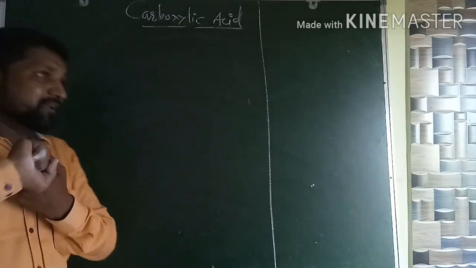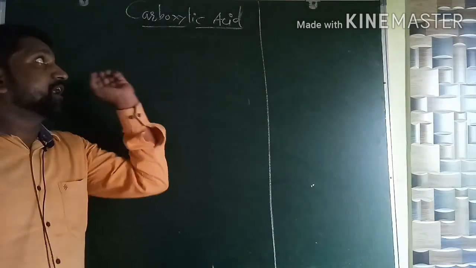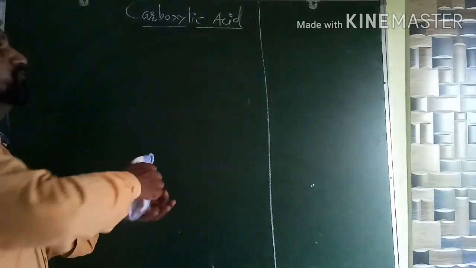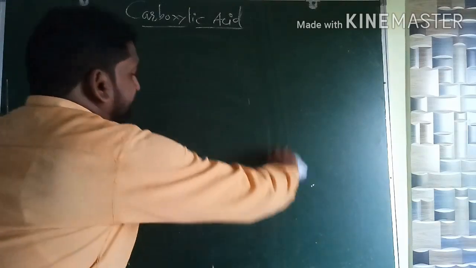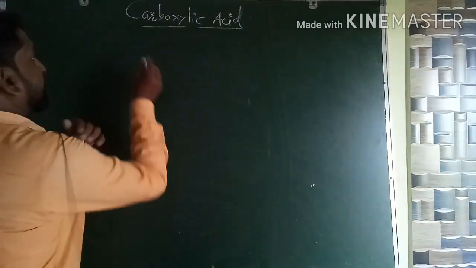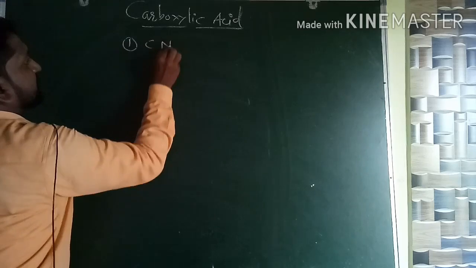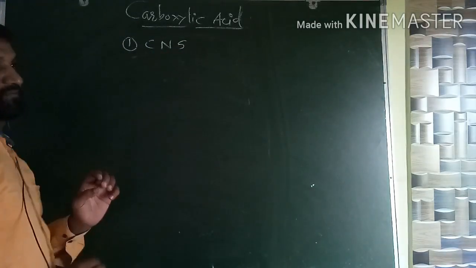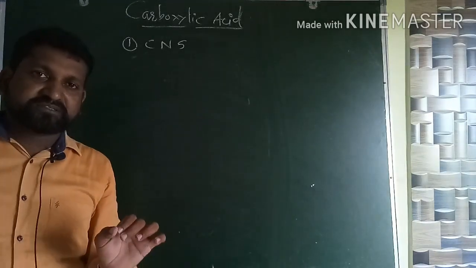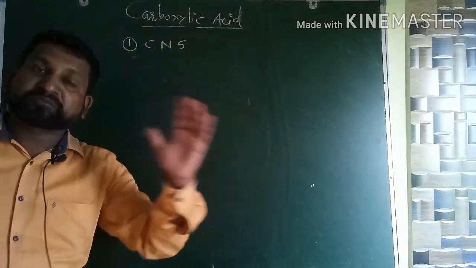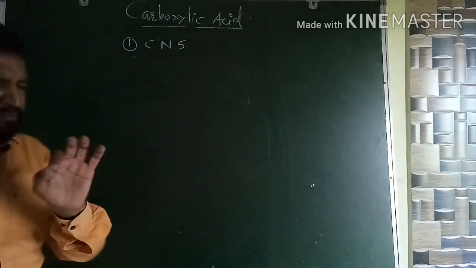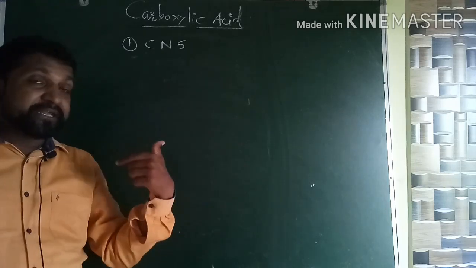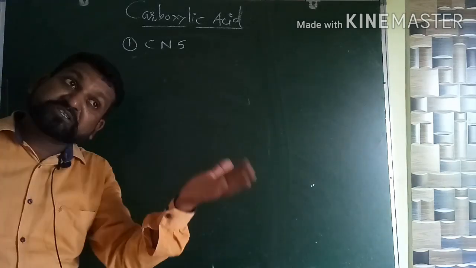The common names of the carboxylic acids are of very, very much interest. The common names are taken from the source from which they are obtained. IUPAC nomenclature is according to rule, no doubt, but the common name is taken from the source.